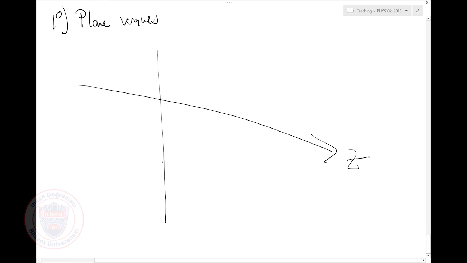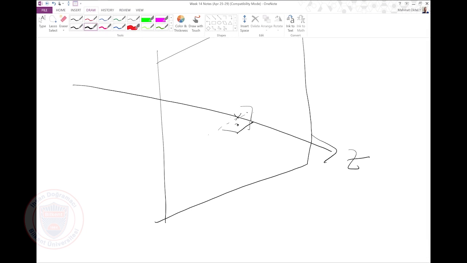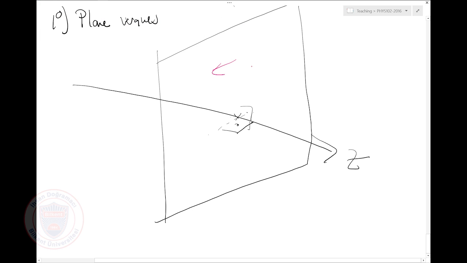If I take planes perpendicular to that, on this plane the value of the electric field is the same on all points of the plane.